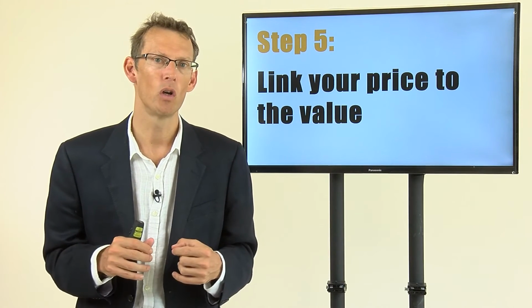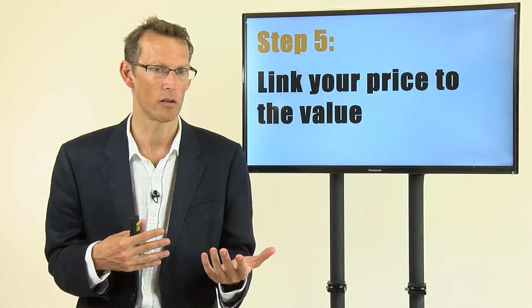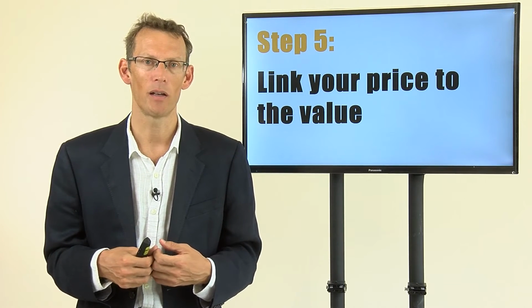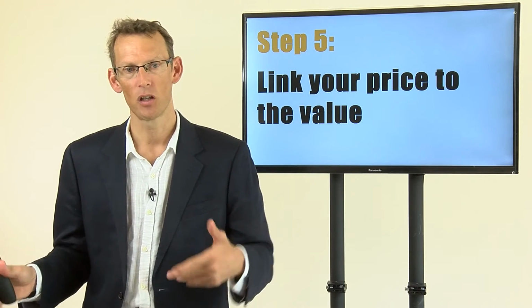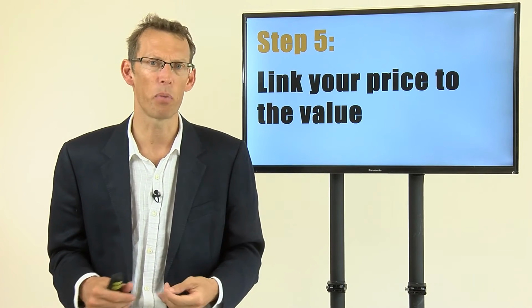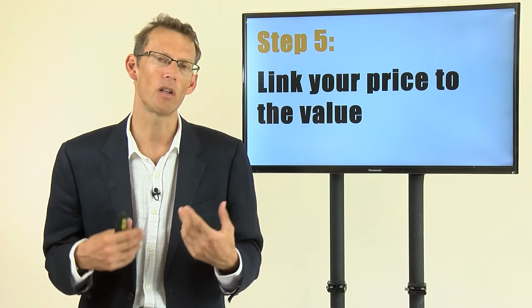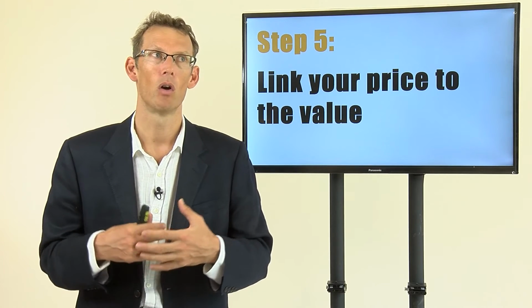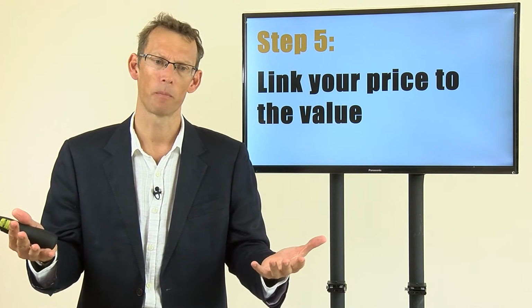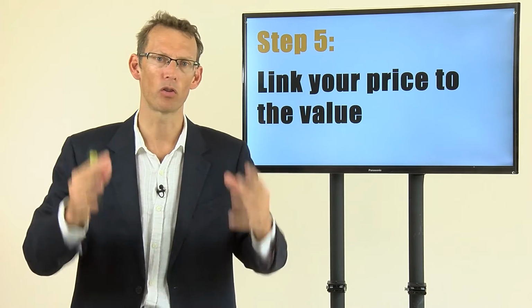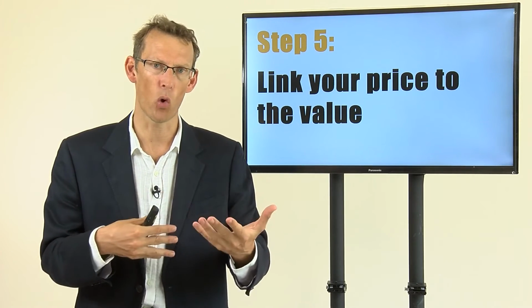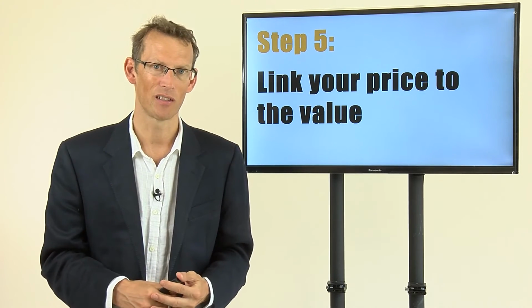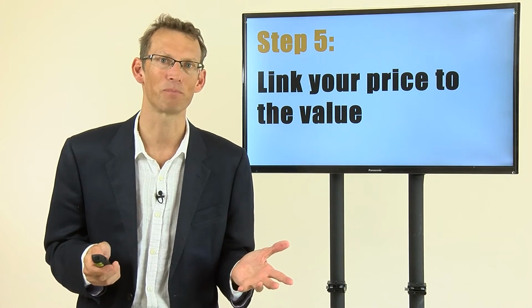Because there is no correlation whatsoever, no link between how many hours a job takes and the price. Clients are not buying an hour of time from you. So in step 5, we have to try and figure out what's the value to the customer, how can we put some sort of estimation, some sort of quantification to link to price. And there are many ways that we can do that.